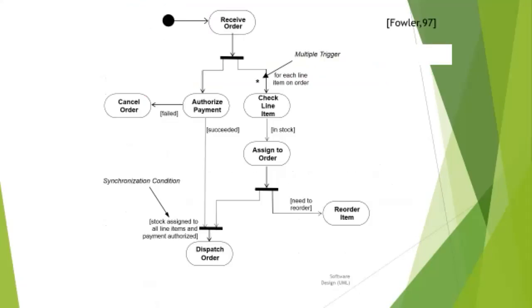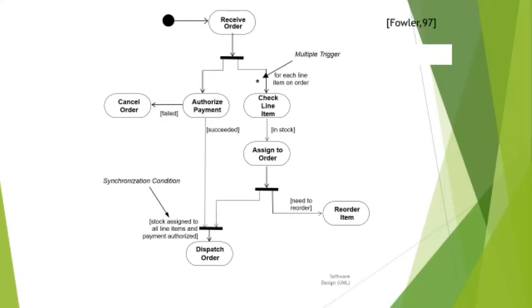This is the activity diagram where start is the initial node. First of all, we receive the order, and the first activity is divided into 2 activities by the use of a fork. The first activity is divided into authorize payment and check line items by using a fork, and goes to the next operation, which is assign to order.